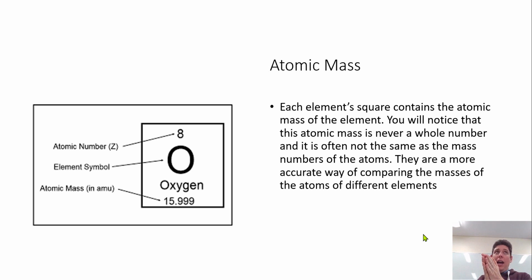Together, you add them to make that number 16. Some of the isotopes of oxygen have 8 protons again, but 7 neutrons. So you will get an atomic mass of 15 for those isotopes.